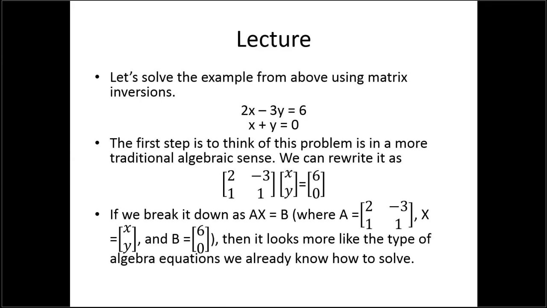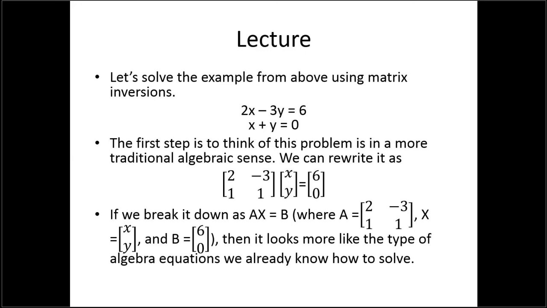So let's look again at our favorite example here. 2x minus 3y equals 6 and x plus y equals 0. In a more traditional algebraic sense, if we had broken this up into numbers times variables equals a solution, this is what it would look like. If we think of that first matrix as A, the variables as x, and the second as b, we have Ax equals b.